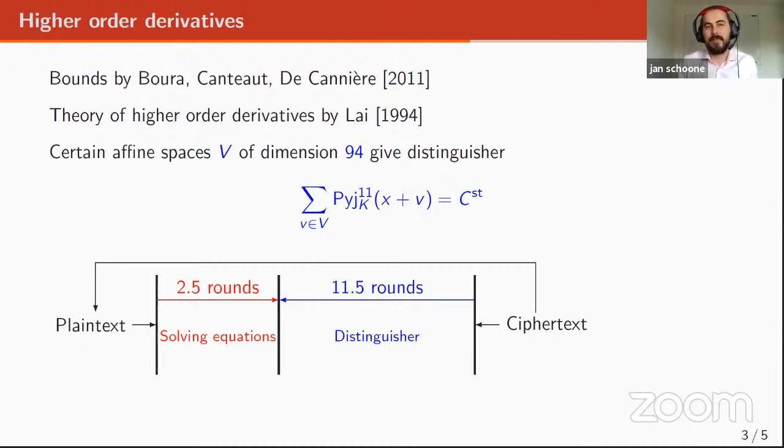So we can go 11.5 rounds backwards. The half round is the linear part of the round. And then the forward part is just setting variables for key bits and then evaluating 2.5 rounds of PGMask and doing something with the polynomial expressions that you will get.